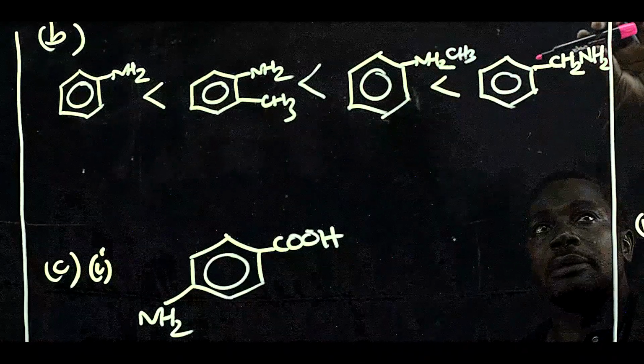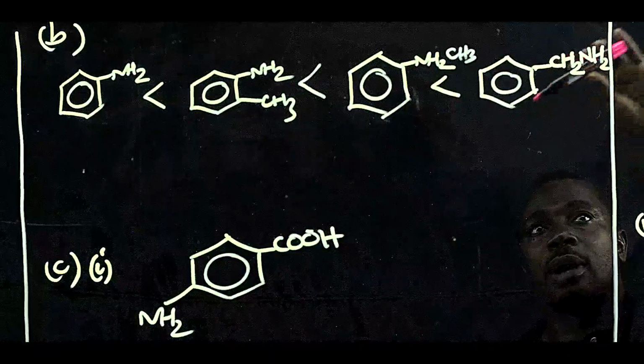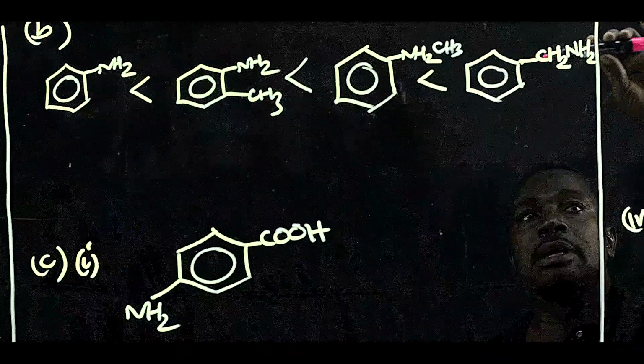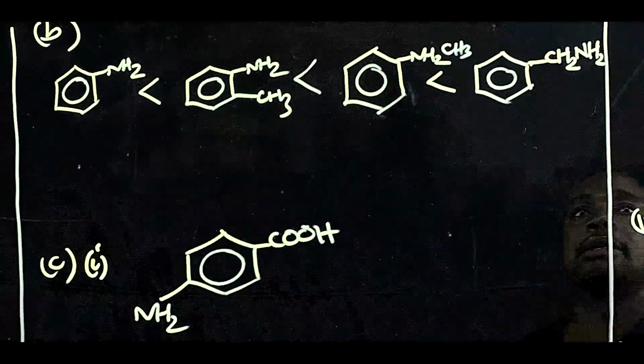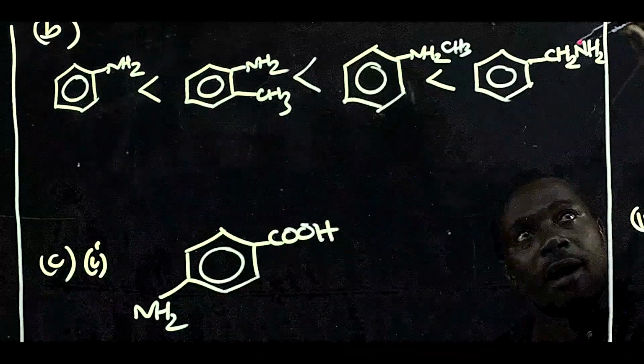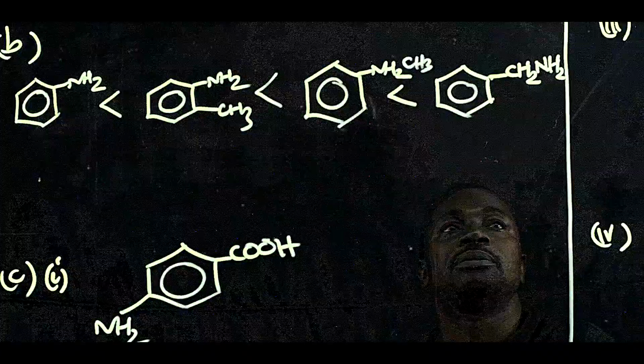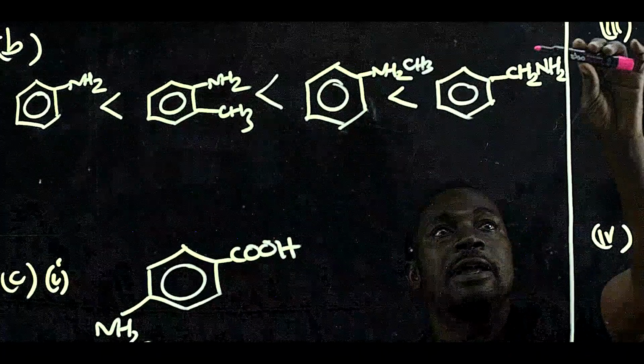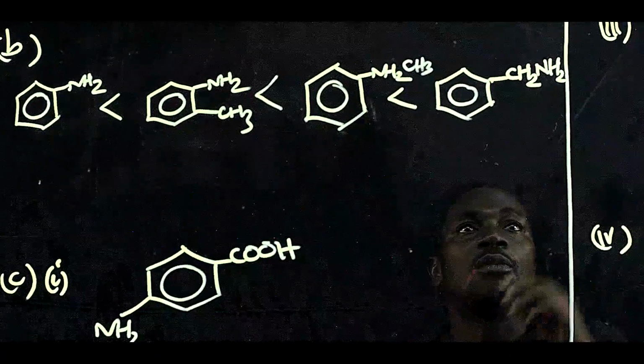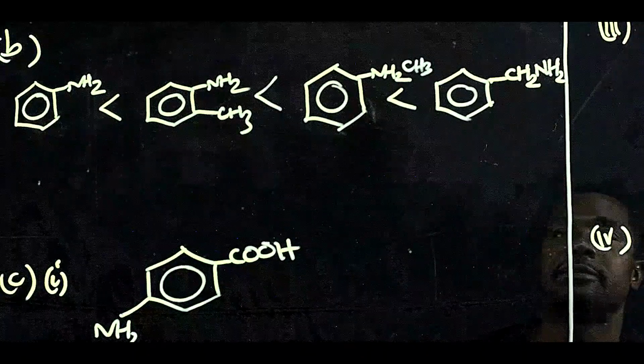The last one is the most basic aromatic amine. Why? The lone pair of nitrogen of the amino group is very stable and more available. Why? It does not undergo mesomeric effect.